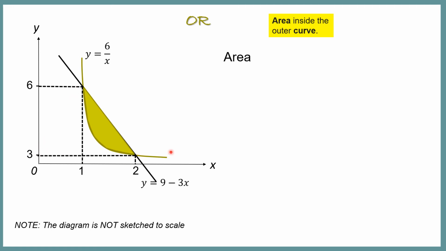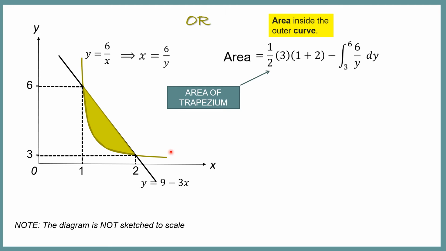Thus, the area of the trapezium is half times the width, which is 3, times the sum of the parallel sides, 1 plus 2, minus the integral of the function 6 over y with respect to y from y equals 3 to y equals 6, which is the area inside the inner curve.